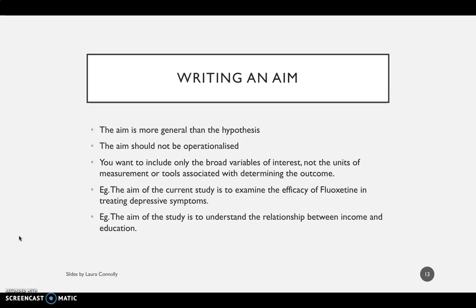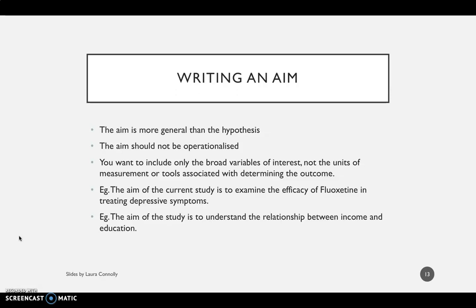I thought I'd briefly mention how to go about writing an aim, because these two are often confused, and students often write aims the same way they would write a hypothesis. So the aim is much more general than the hypothesis, and it should not be operationalized. You want to only include the broad variable of interest and not the units of measurement or the tools associated with determining the outcome.